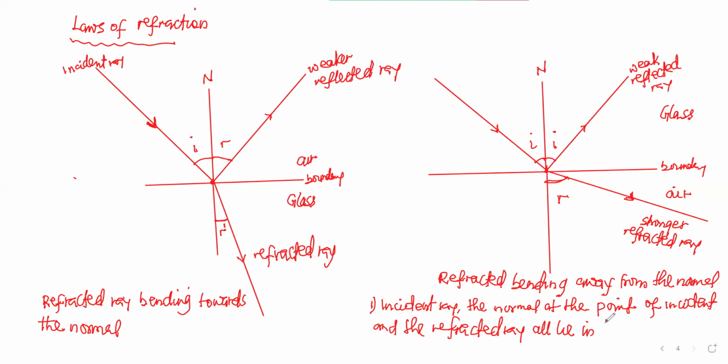In the same plane. So it's just similar to the first law of reflection. The incident ray, the normal at the point of incidence, and the refracted ray all lie in the same plane. That's the first law of refraction.